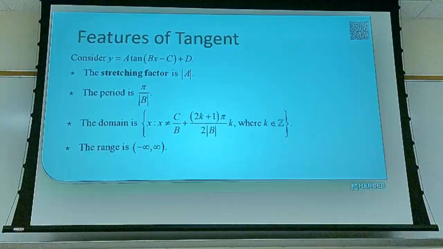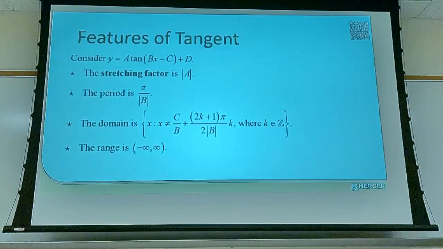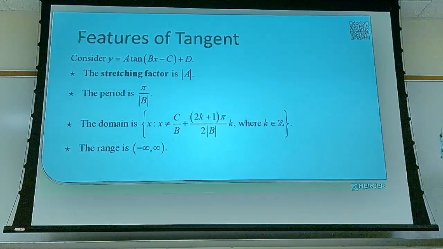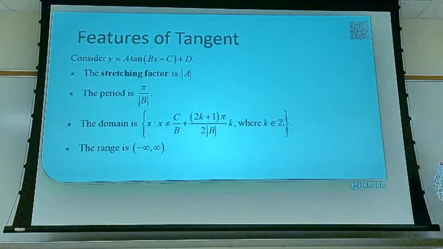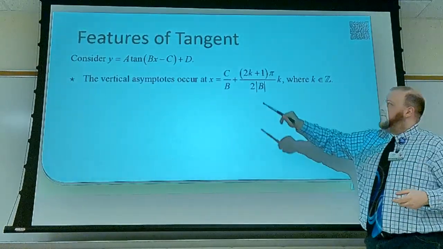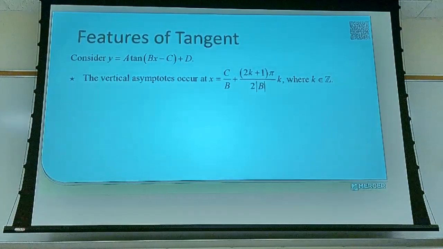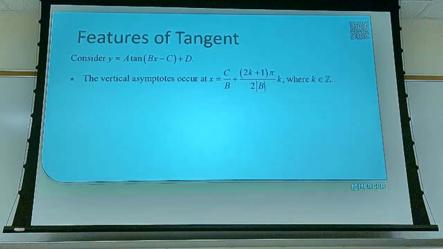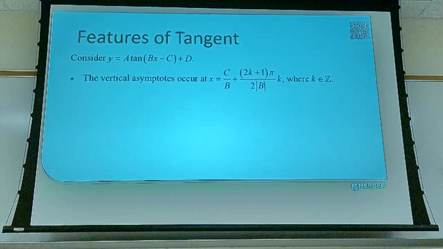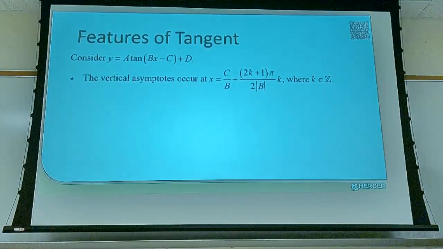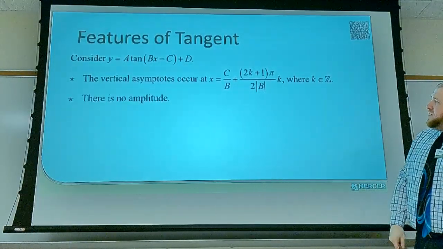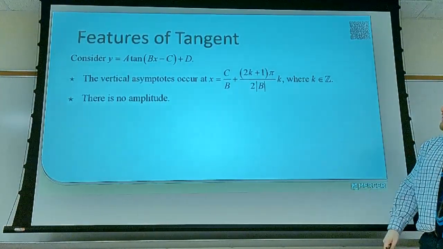Because rational is a polynomial, but it's rational-like. It's a fraction. It's going to have vertical asymptotes wherever the denominator is 0, which is, of course, whenever cosine is 0. So wherever the exclusion points are from the domain, those are all vertical asymptotes. There's an infinite number of them. Obviously, there's no amplitude.